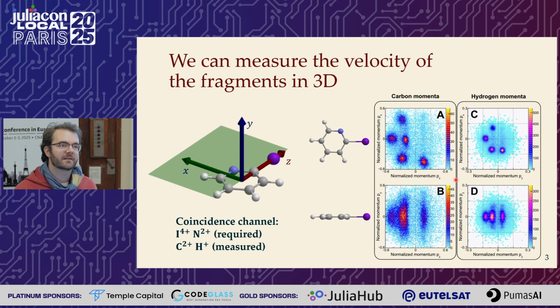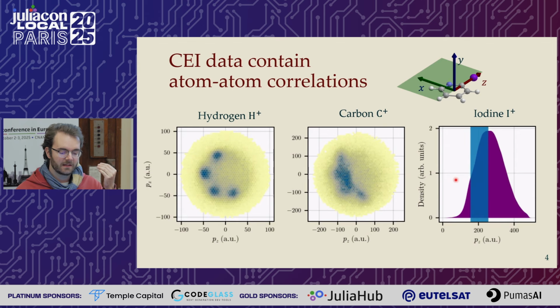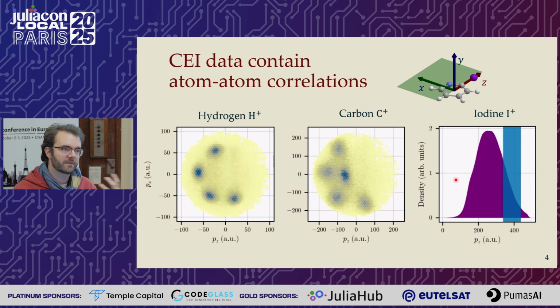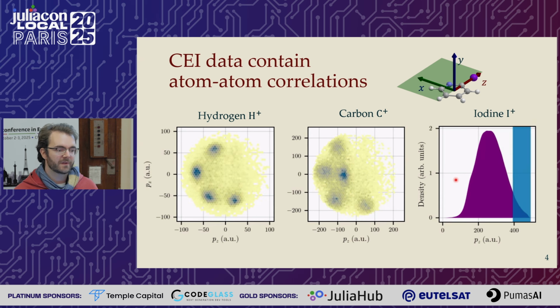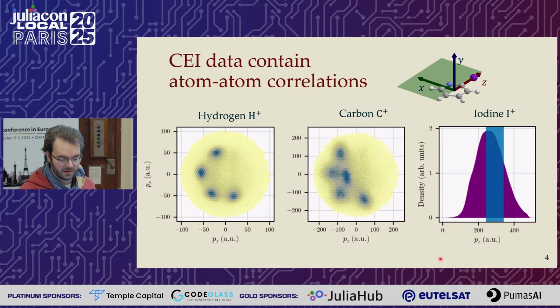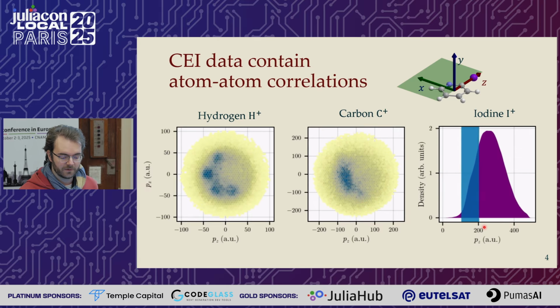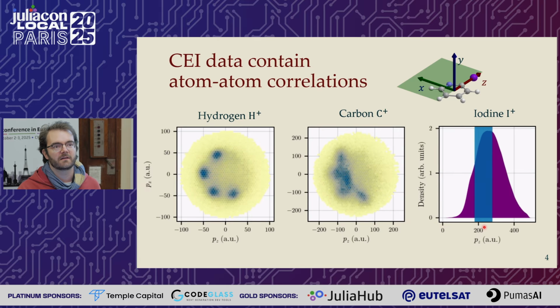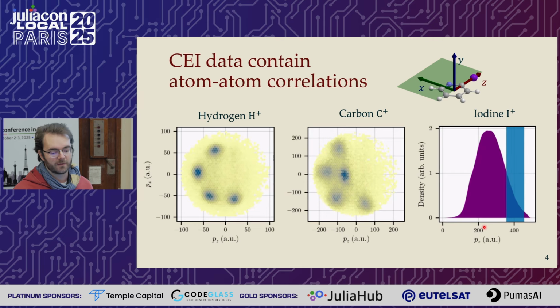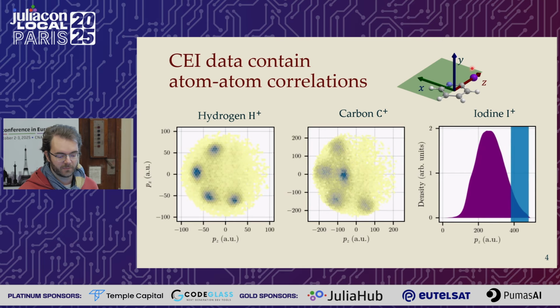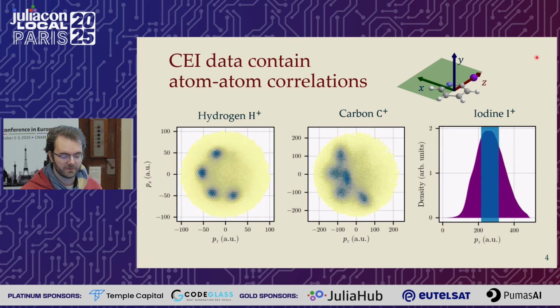What we noticed later by looking at the data a bit more in depth is that the measurements we made, the velocities of the fragments, are not independent from each other. What I'm showing here is what happens when you bin the data on the velocity of one of the fragments. Here it's binned on this purple fragment, iodine.